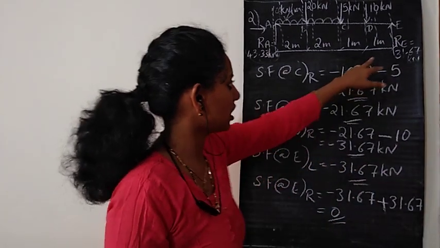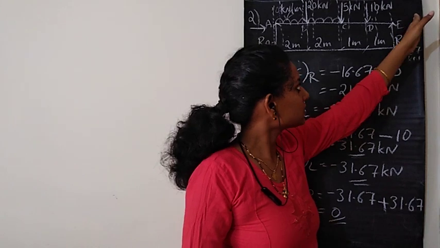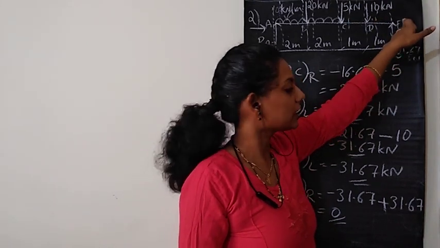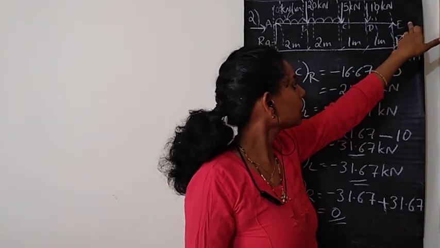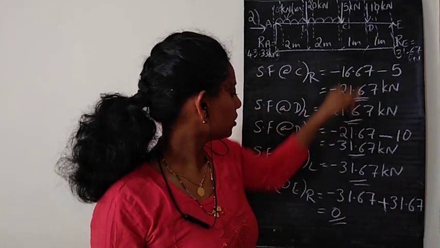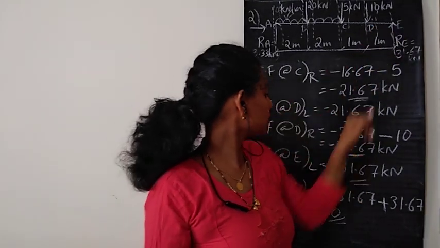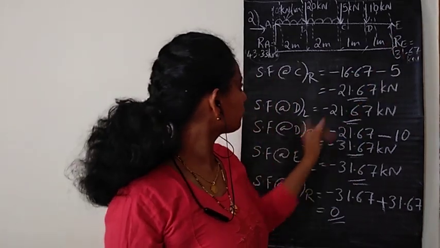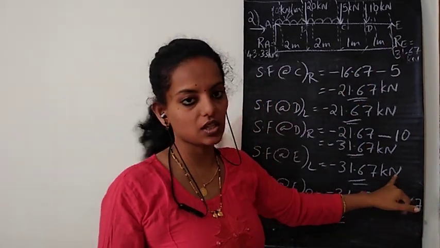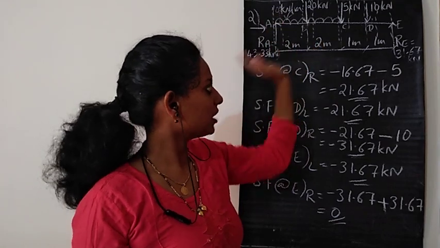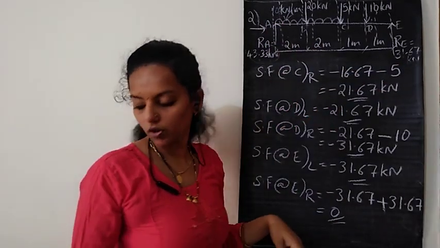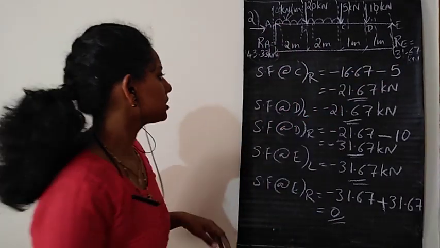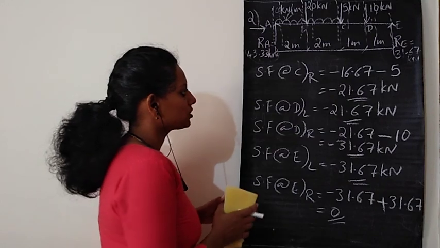This will be your check. If you are considering from right to left also, in the case of right to left, upward will be negative. So right of E will be 0 and left of E will be minus 31.67. So you can do it from both sides and check. This is the shear force calculation.